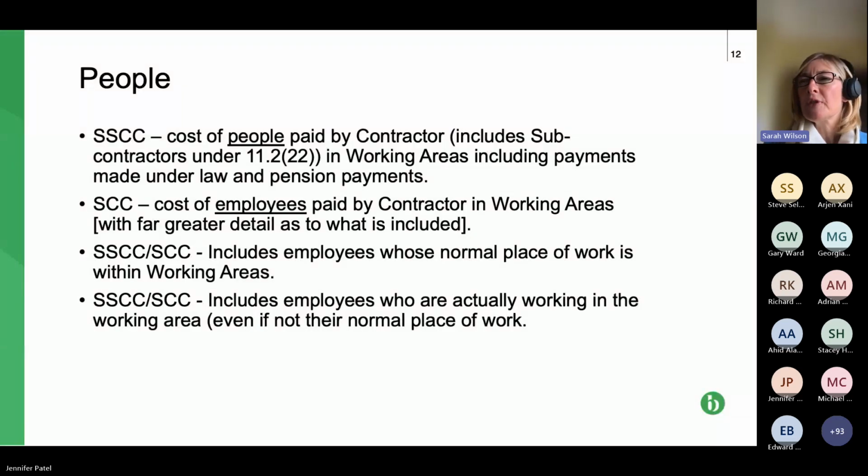Thanks. So the first item we had were people. The most important part of construction, can't do anything without the people. So the shorter schedule of cost components allows contractors and subcontractors in a subcontract to recover the cost of people paid for by the contractor, but it includes the subcontractors.